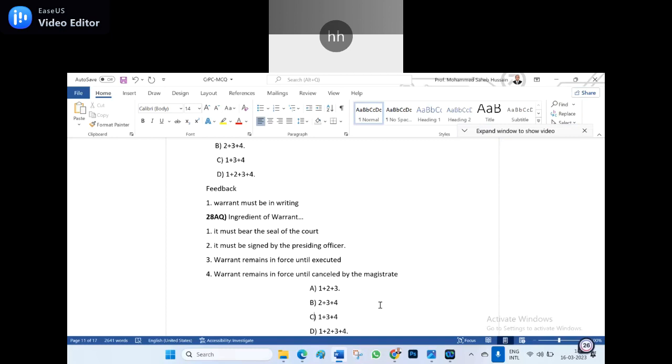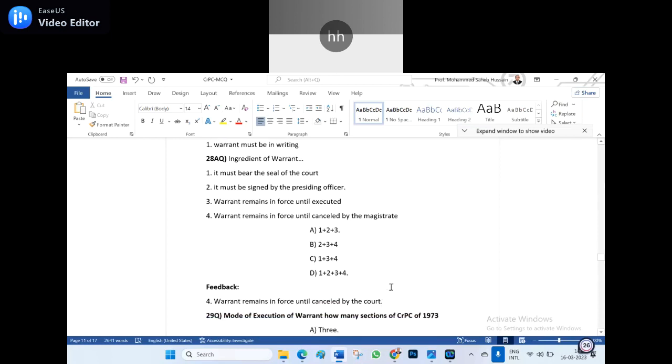What is 4? I changed it: warrant remains in force until cancelled by the court, not by the magistrate. Of course, the magistrate only makes it out, but the right wording is that the warrant remains in force until cancelled by the court. The court may be the presiding officer, magistrate, first class magistrate, second class magistrate, or the district magistrate, whoever may be there.